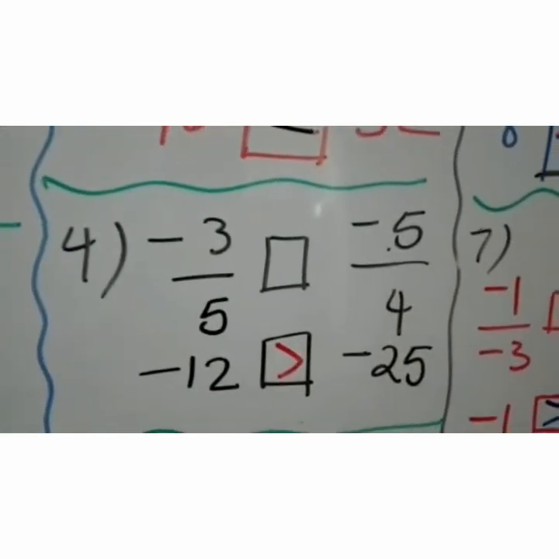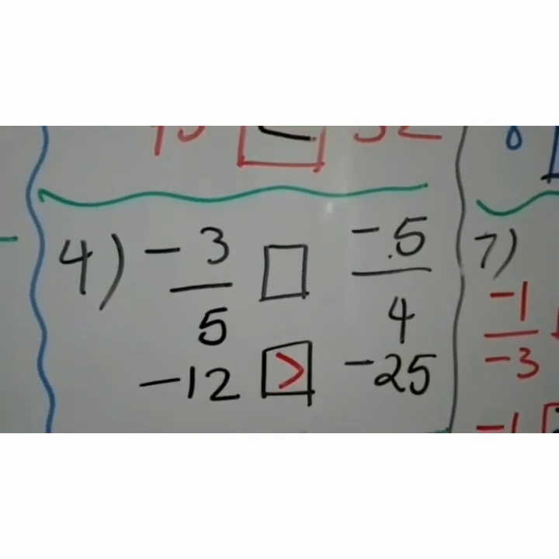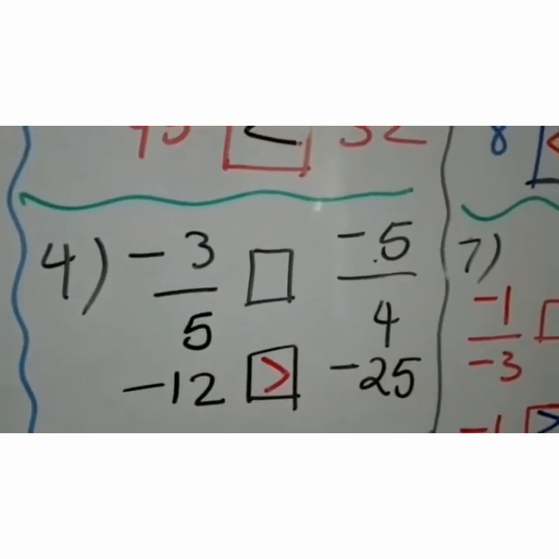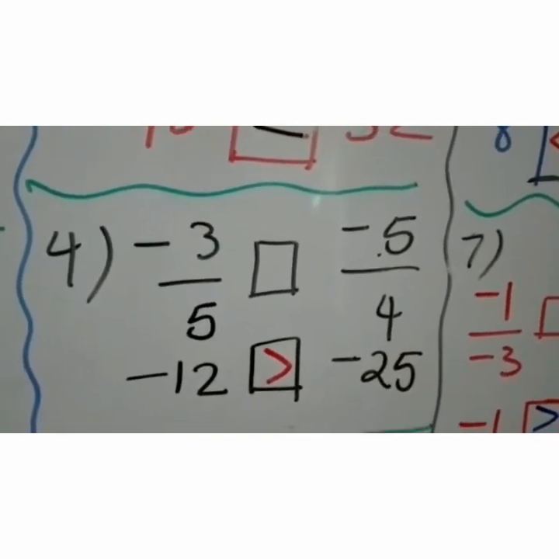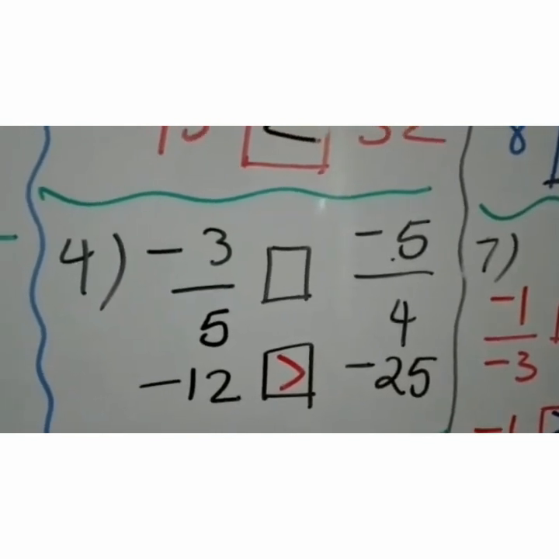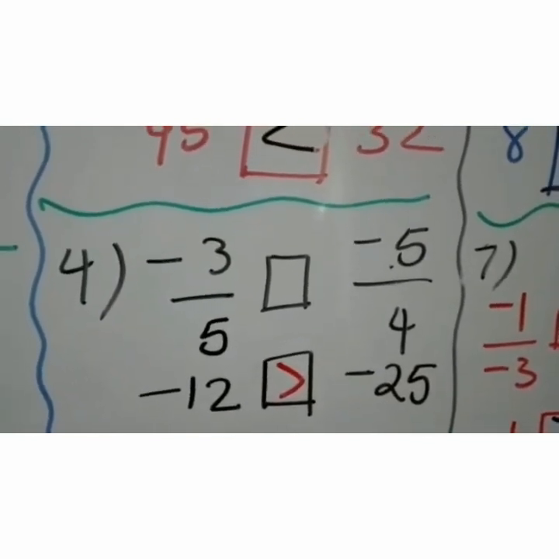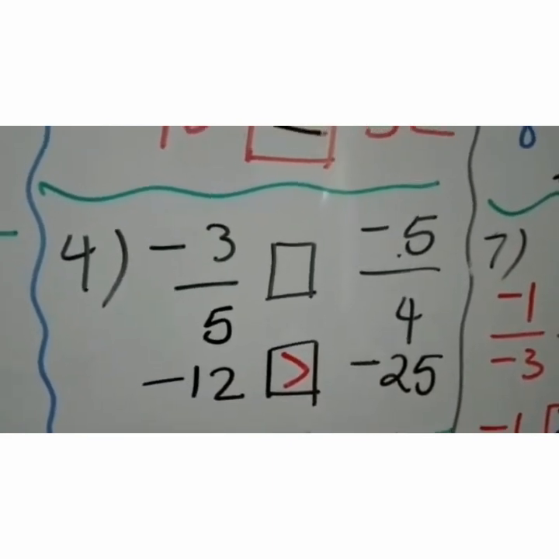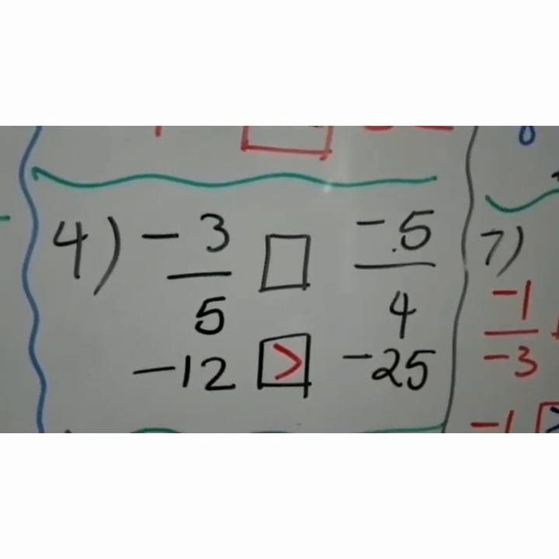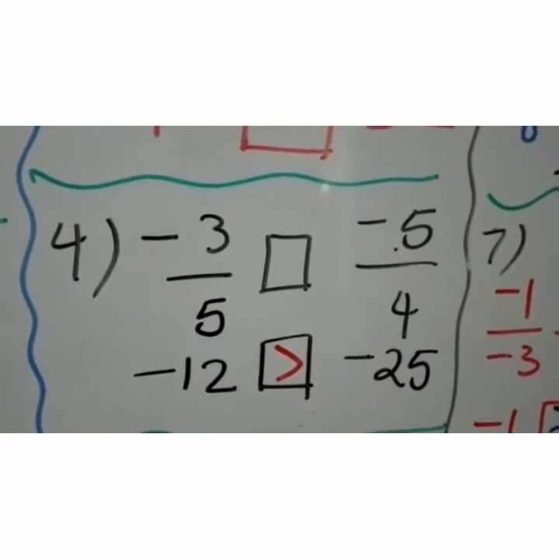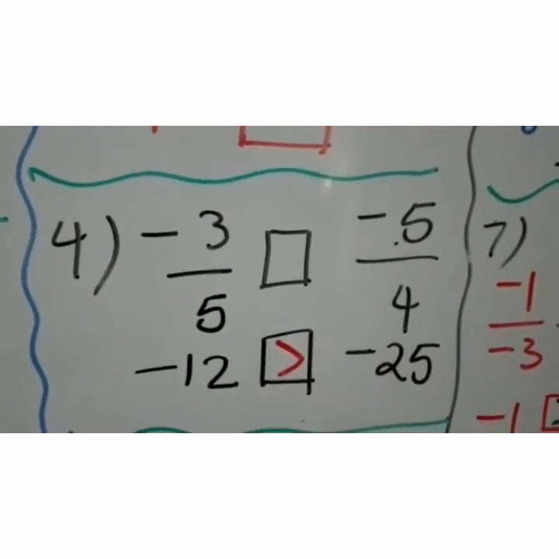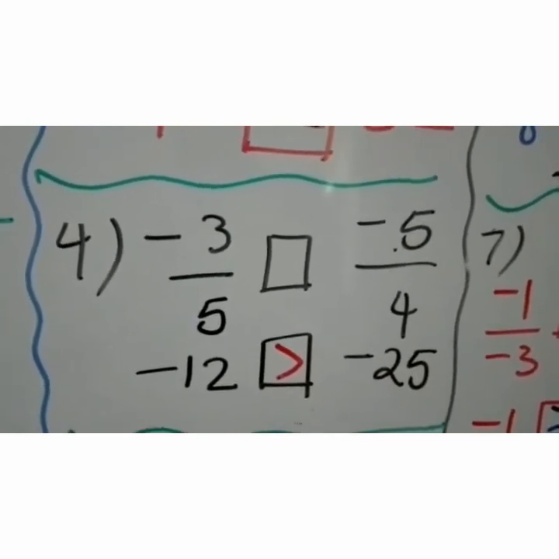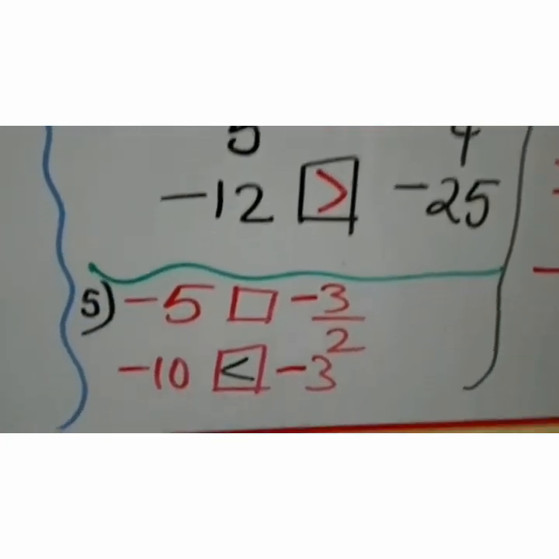Next example, negative 3 by 5 and negative 5 by 4. When you cross multiply, negative 3 into 4 will become negative 12 and negative 5 into 5 will become negative 25. Remember that it is negative 12 and negative 25. So negative 12 is greater than negative 25.